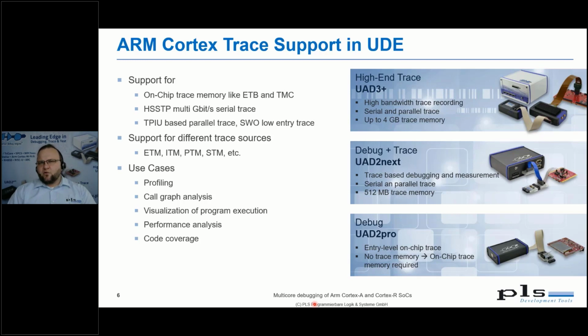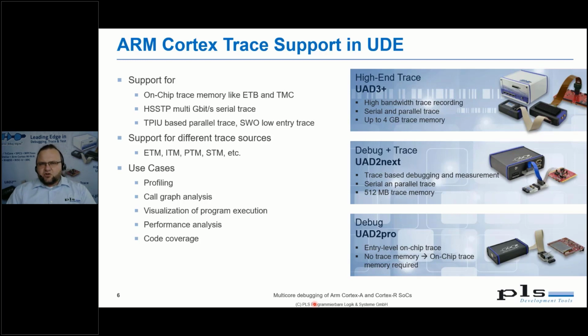And here we are supporting every one of these existing trace clients and trace sources, like the ETB or TMC for on-chip memory trace, like the HSSTP for this high-speed multi-gigabit Aurora trace, or the good old legacy TPIU-based parallel trace.